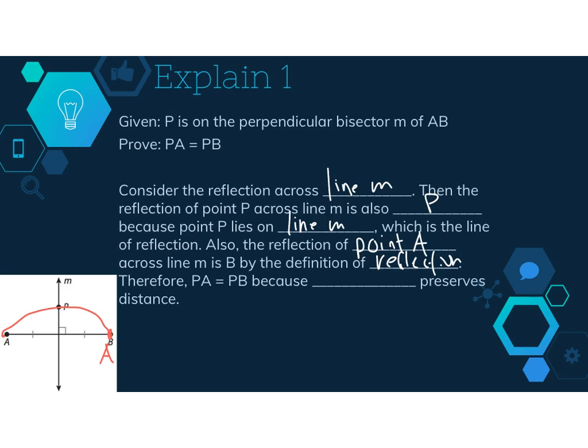Therefore, PA is equal to PB because reflection preserves distance. Essentially what we did is we took A here and put it over here. So this was PA, that is PA. So those have to be the same. Just over here, this A is actually B.